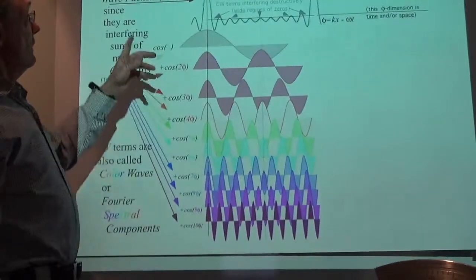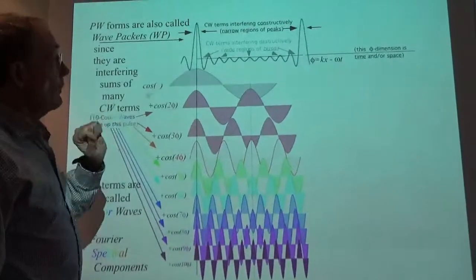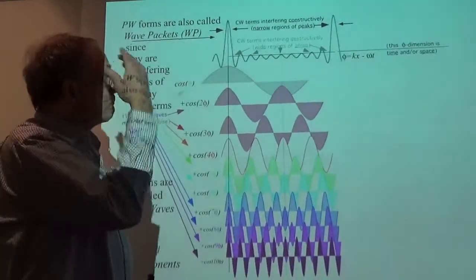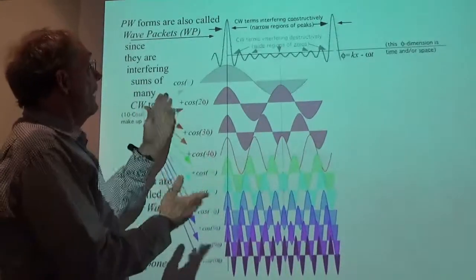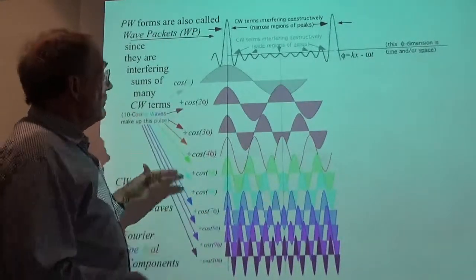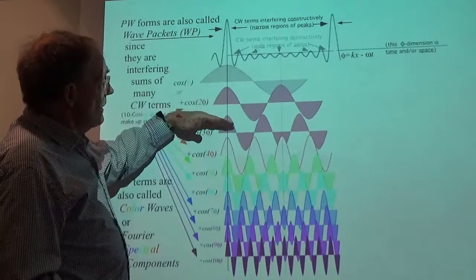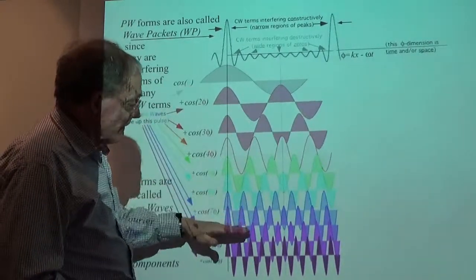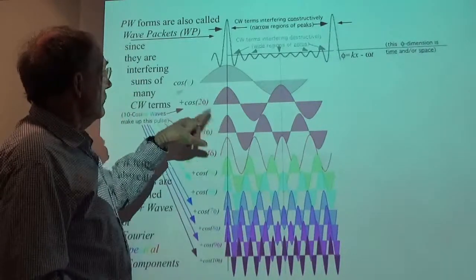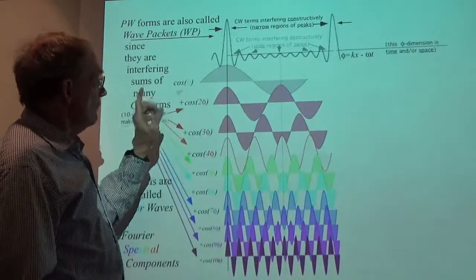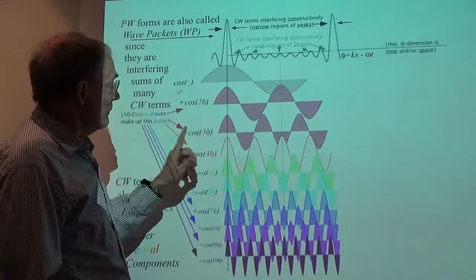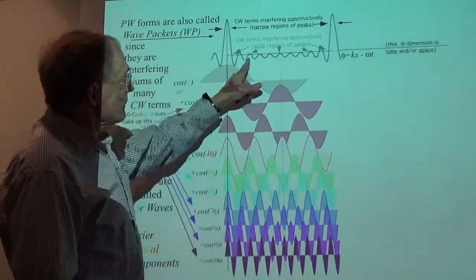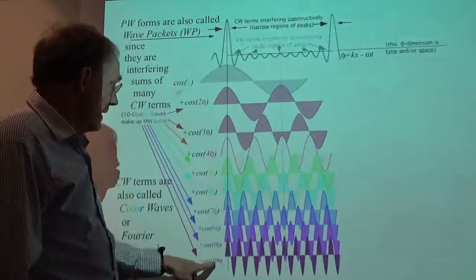We're going to make the most simple wave packet or pulse by simply adding cosines of equal amplitude and higher frequency. Cosine phi, cosine 2 phi, cosine 3 phi, cosine 4 phi, and so forth. Add them all up. And that's what you get if you stop right about 10.